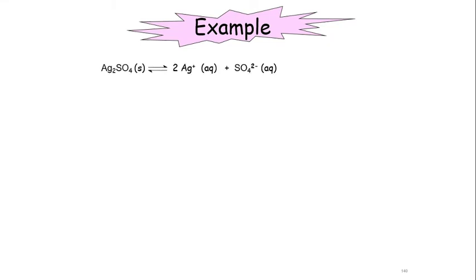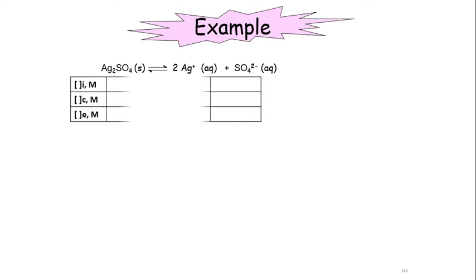Followed by the last dissociation equation, which is for Ag2SO4 as given by the question for Ksp. Rewrite the dissociation equation, so Ag+ and SO4 2-. Draw the ice table and we put the value of initial concentration as 0.